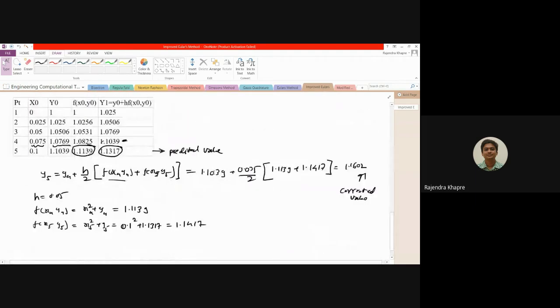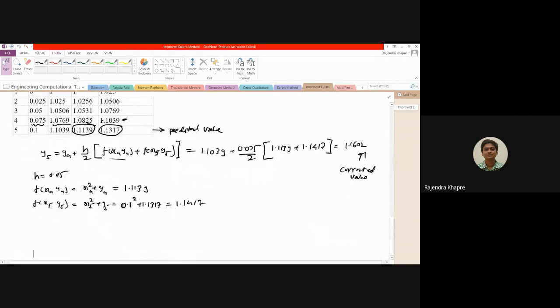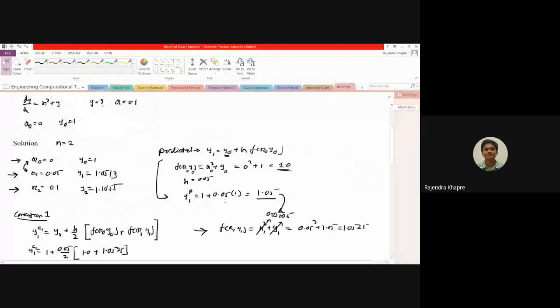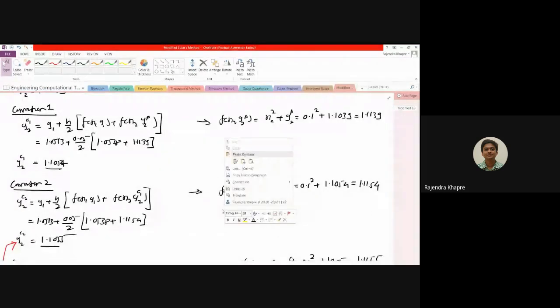If you refer to your earlier notes, we obtained the corrected value there. Here it was 1.1602. In the improved Euler's method, it is 1.16. As far as the actual answer, it is coming to be 1.1055.